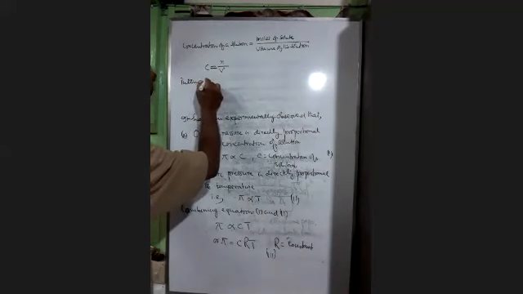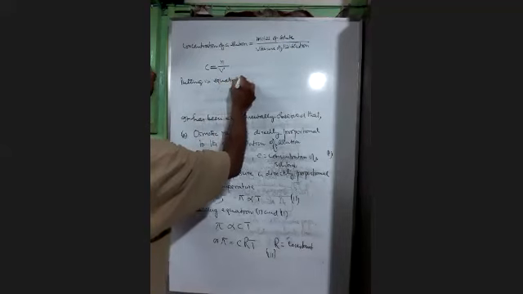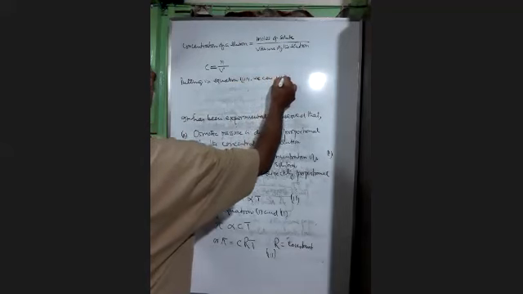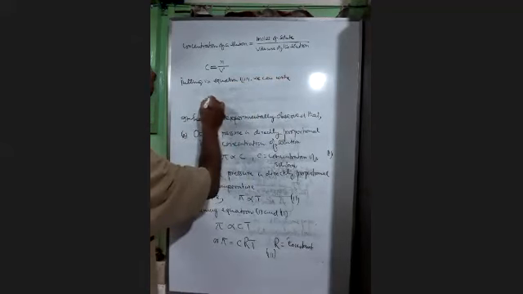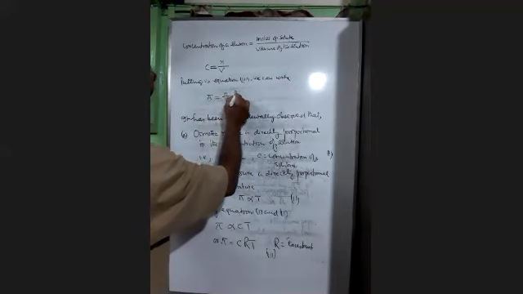Putting in equation 3, we can write pi is equal to n by V times RT.